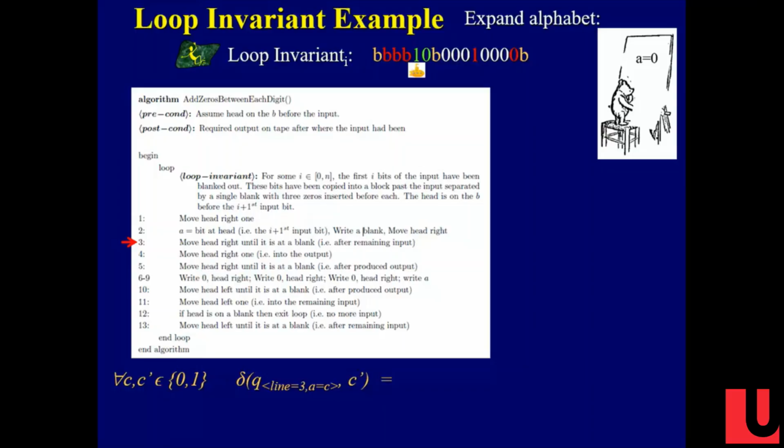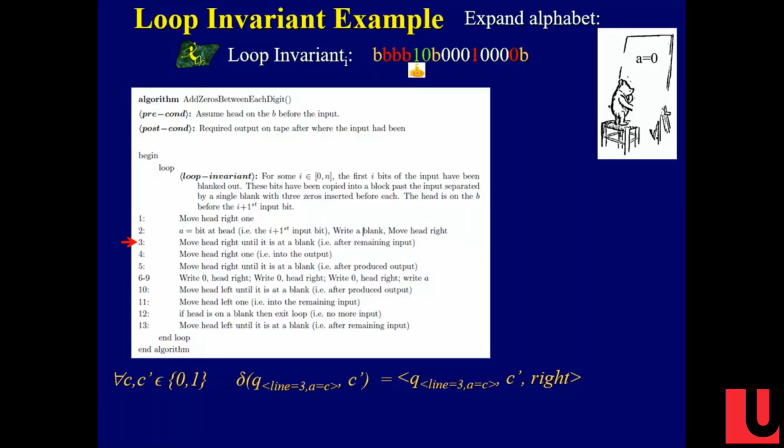All right, so what's our action? Go to line 4. Line 3 says, move right until it's a blank. So if it's not a blank, what do I do? I move right. This is a loop. That little state, line 3, is a little self loop. So it's implied that I stay in line 3 until, it's kind of a for all loop.